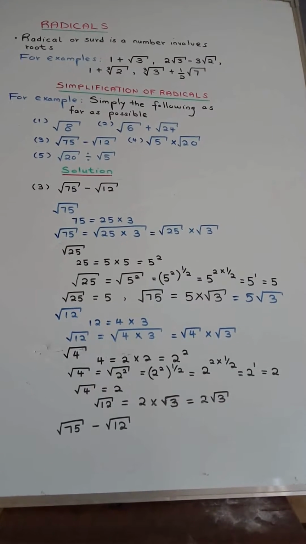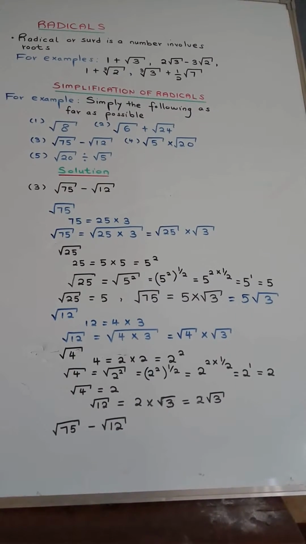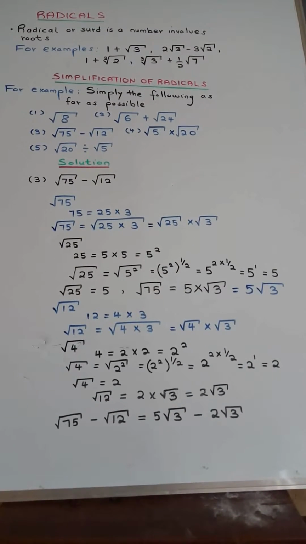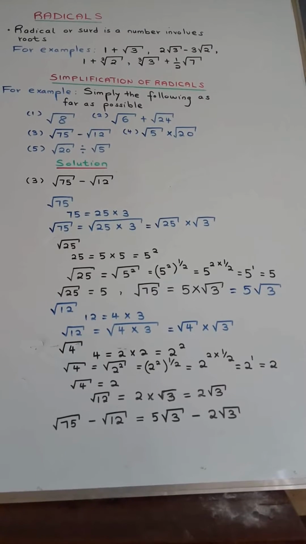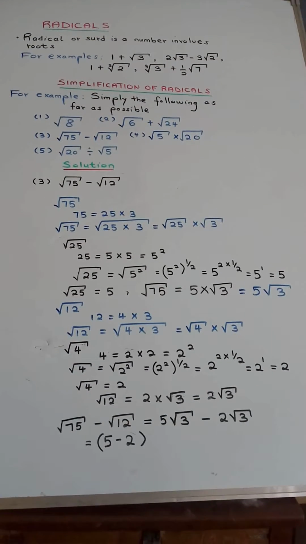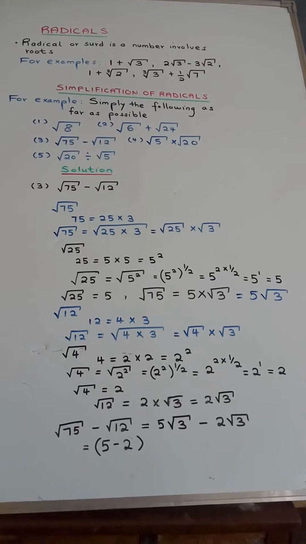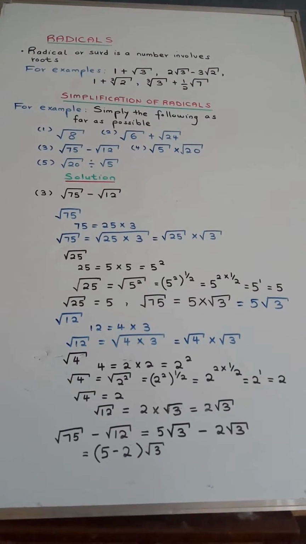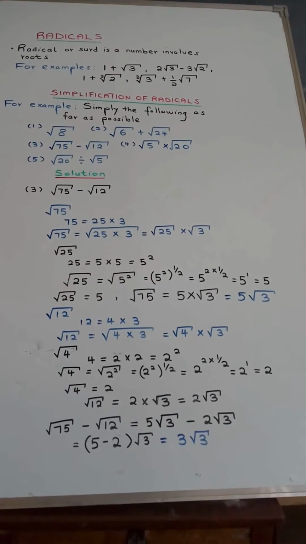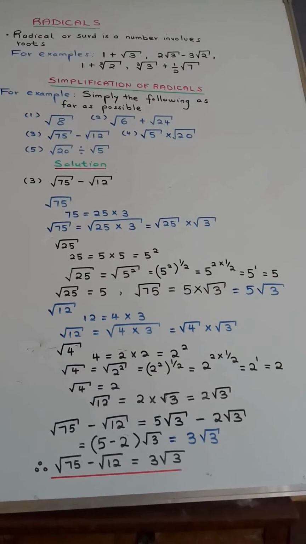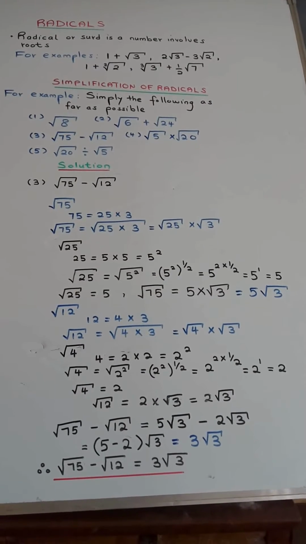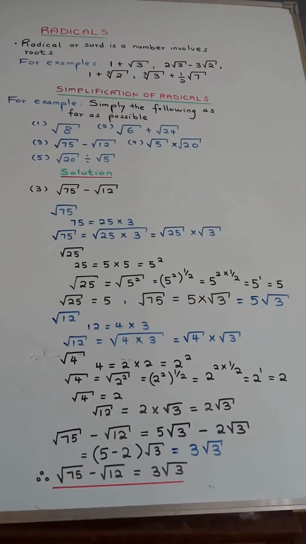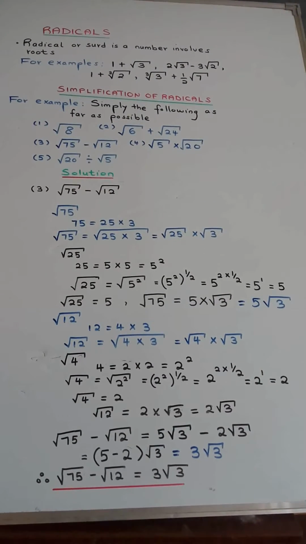So radical 75 minus radical 12 is equal to 5 radical 3 minus 2 radical 3, which is equal to 5 minus 2 in the brackets radical 3, which is equal to 3 radical 3. Therefore, radical 75 minus radical 12 is equal to 3 radical 3.